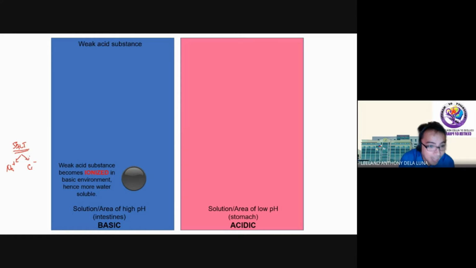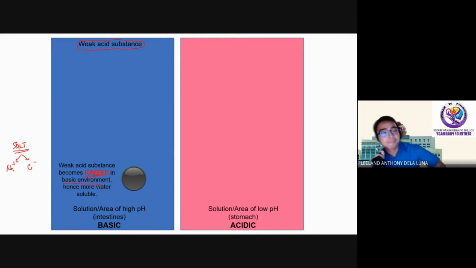So class, if a weak acid is combining with a basic environment, then what I form is a salt, and salts can create ions, so therefore they are considered to be ionized. So yung weak acid ko na substance becomes ionized in a basic environment. Does that make sense?